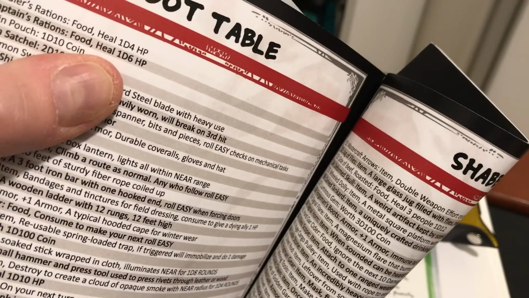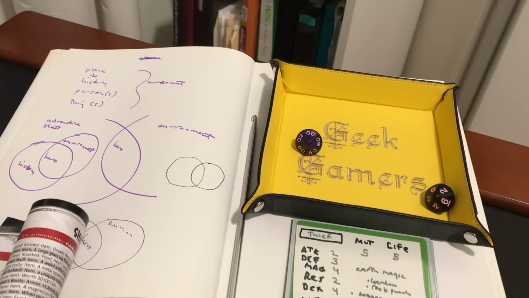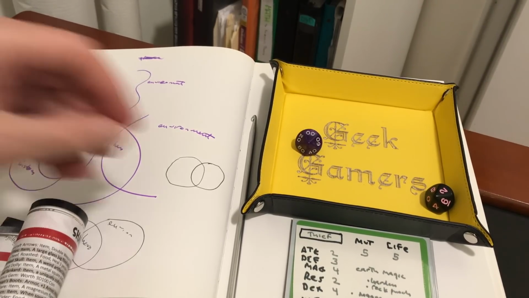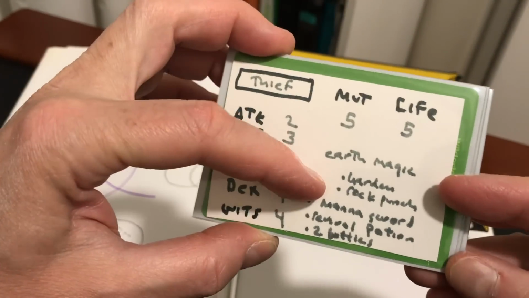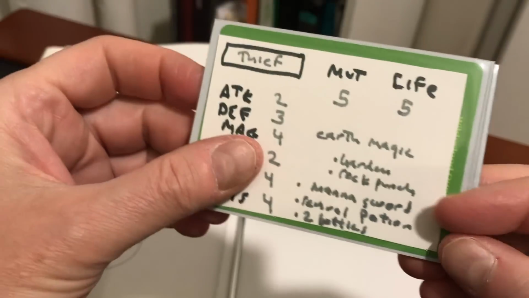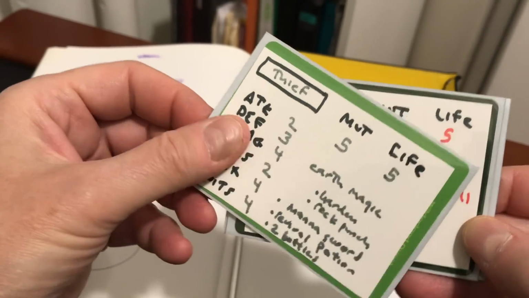Now, obviously, these stats here are going to be key to a different game than the game that I'm playing, but that doesn't really matter because we're using this thematically. So the thief here is carrying some rations that have some healing, and interestingly, in fact, he already has a revival potion. He's got 2 bottles of it. So am I going to give him more revival potion?